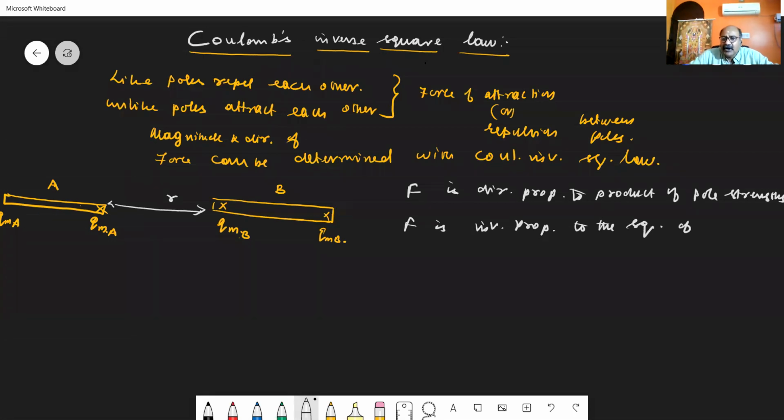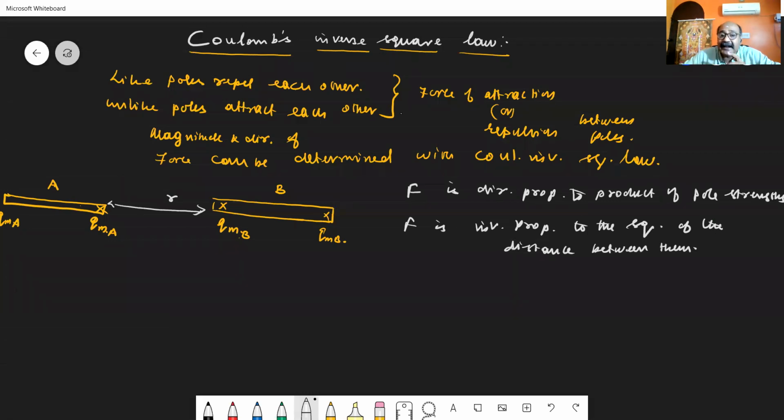This we are considering as Coulomb's inverse square law.